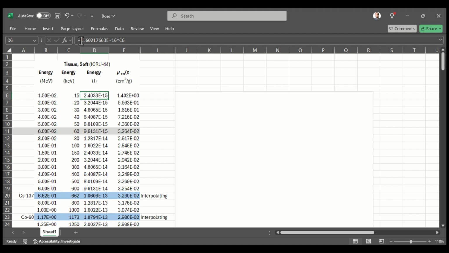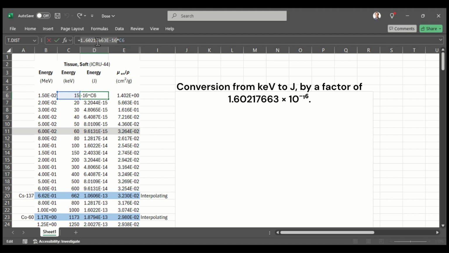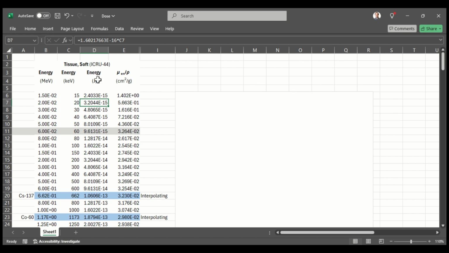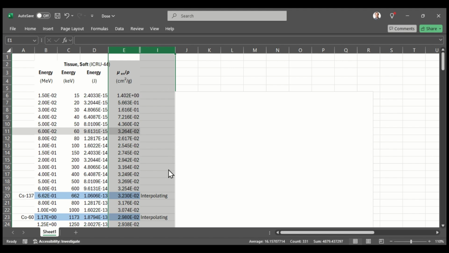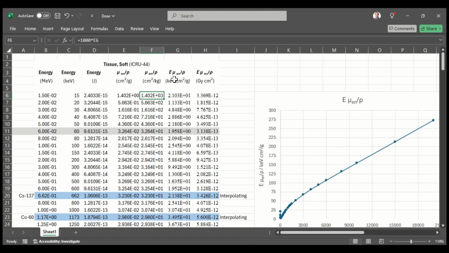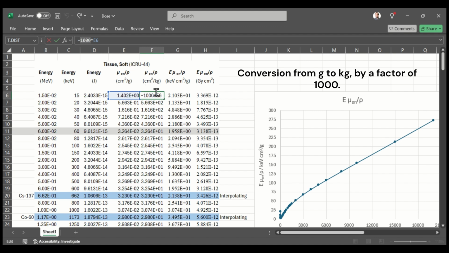Next, we will also convert these photon energies to joules. We will also convert the tabulated mass energy absorption coefficients to units of square centimeters per kilogram.